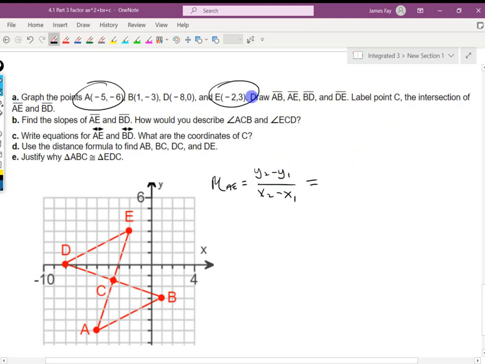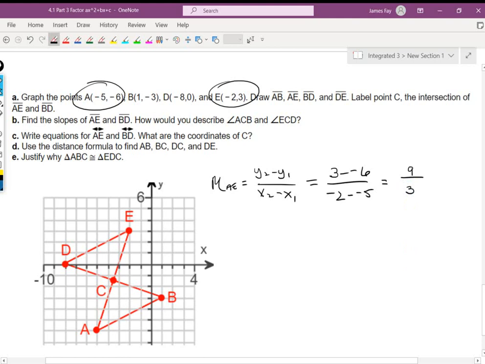So I'm going to go y2, so 3 minus -6, and then -2 minus -5. So 3 minus -6 gives me 9, and then -2 minus -5 gives me 3, right?